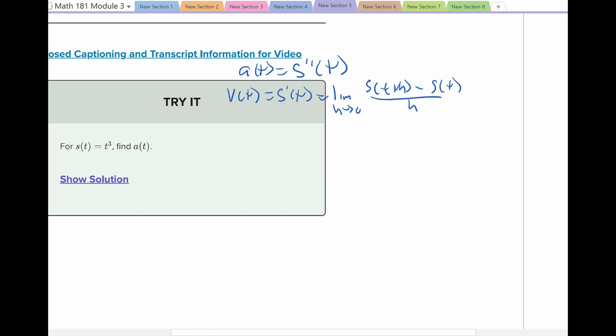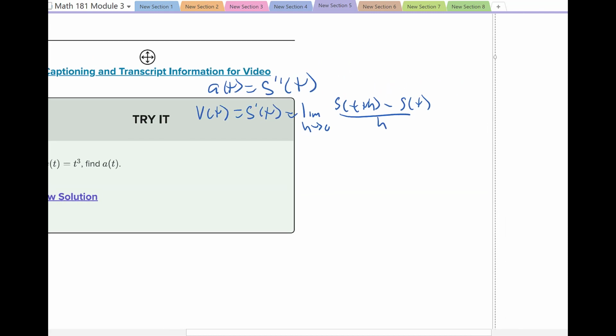So this one's not a pretty expansion, but we're going to do it anyway. Don't have a lot of choice. And we have the limit as h goes to 0 of t plus h cubed minus t cubed all over h.